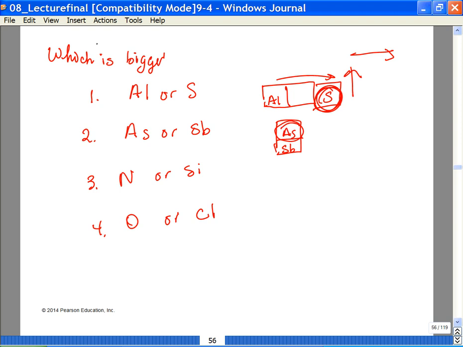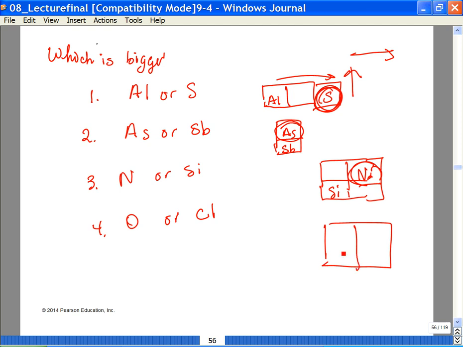And the same for, let's see if I can draw this, nitrogen and silicon. I keep wanting to make this nickel for some reason. Nitrogen. All right, nitrogen is bigger.